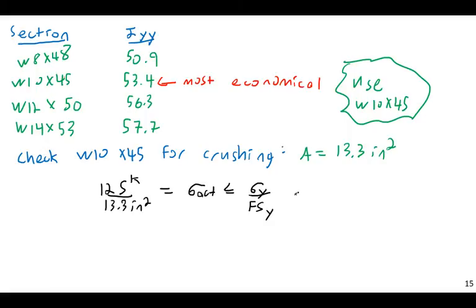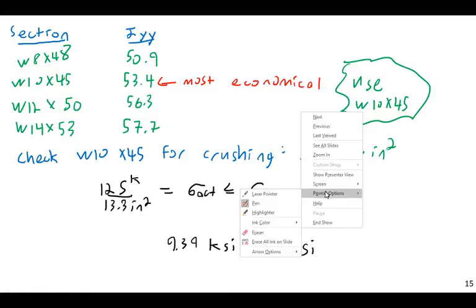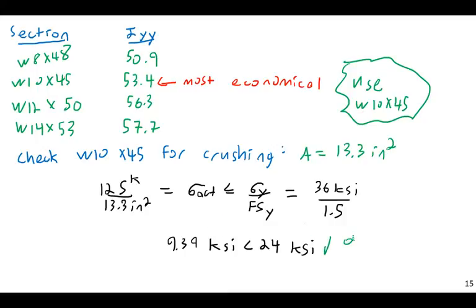Remember, I'm using different factors of safety here for yielding and buckling, so that's 36 KSI over 1.5. So 9.39 KSI, kips per square inch, is less than 24 KSI. So we know this is okay for crushing; it will not crush or yield.